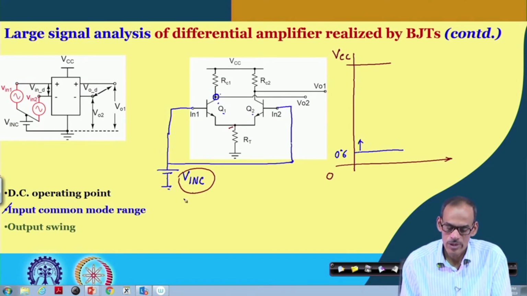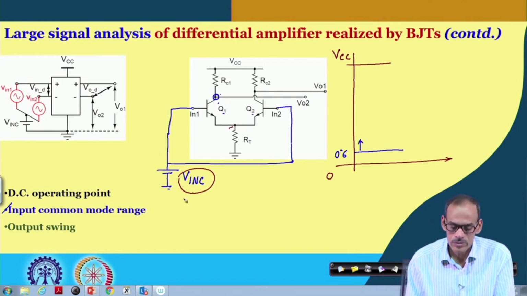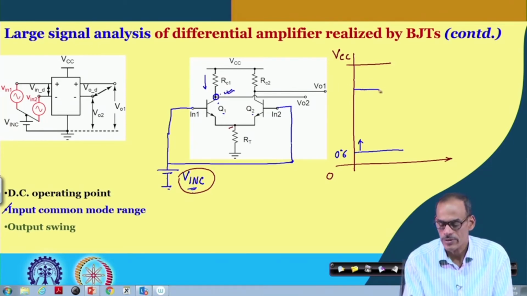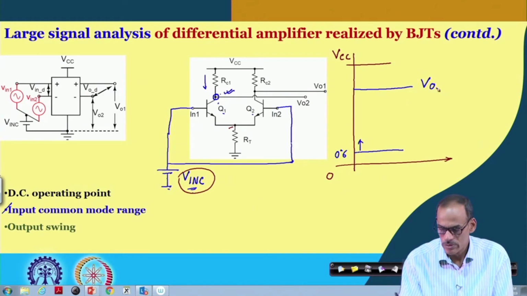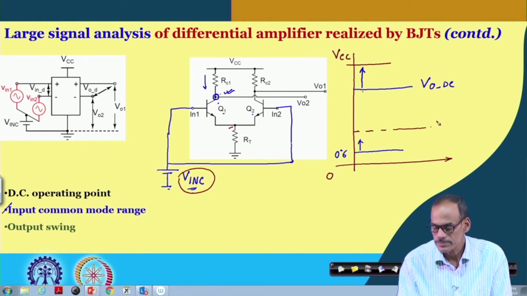That is the lower limit. Then for a given V_inC we have some current flow here, and of course there will be some IR drop. So, the corresponding DC voltage here may be somewhere here. Now, this is V_O,DC. This DC voltage can go as high as, or close to, VCC. On the other hand, it can go as low as, suppose we have some V_inC given to us.